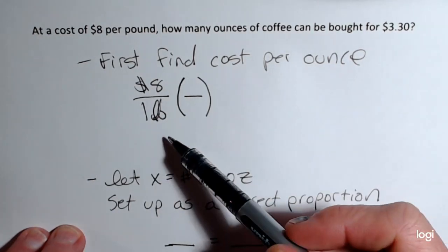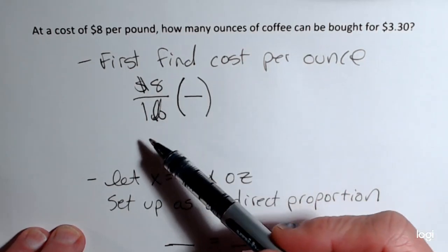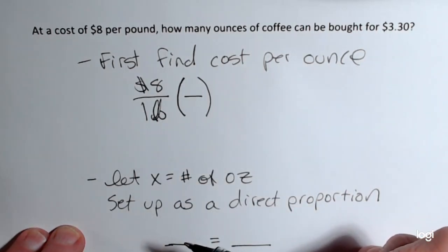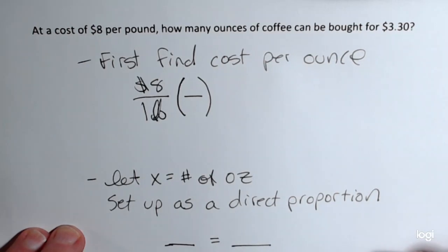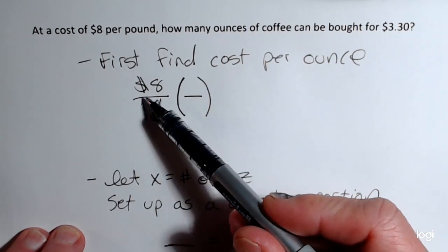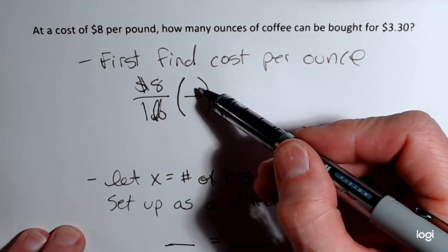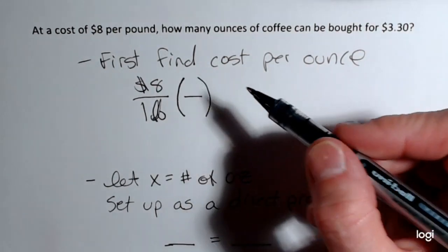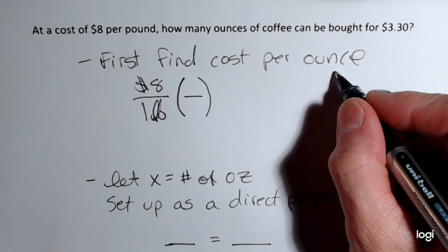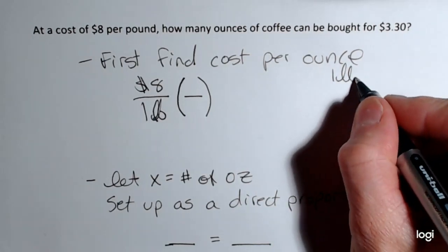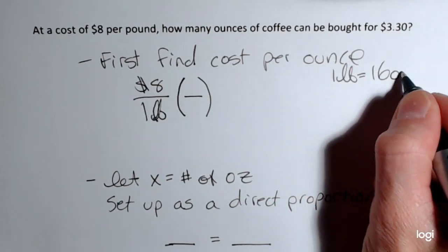But I want to cancel the pounds. You can treat the units as factors you can divide or multiply. So if pounds are in the denominator for this fraction, it needs to be in the numerator for this fraction. So the relationship is 1 pound is equal to 16 ounces.